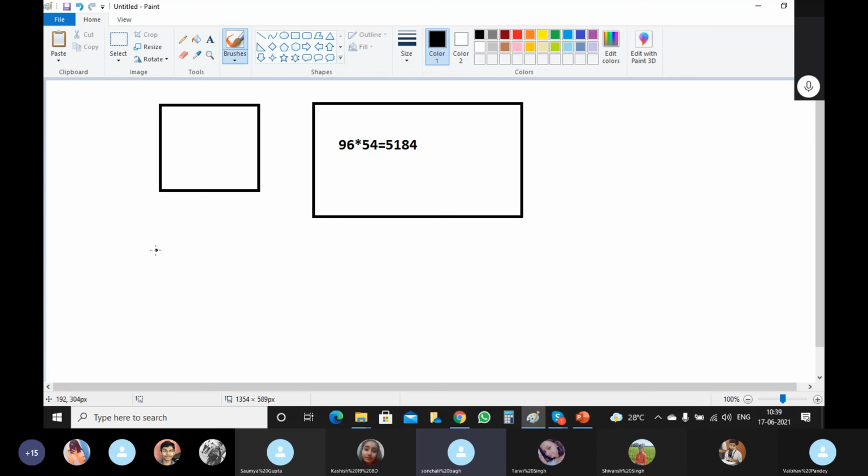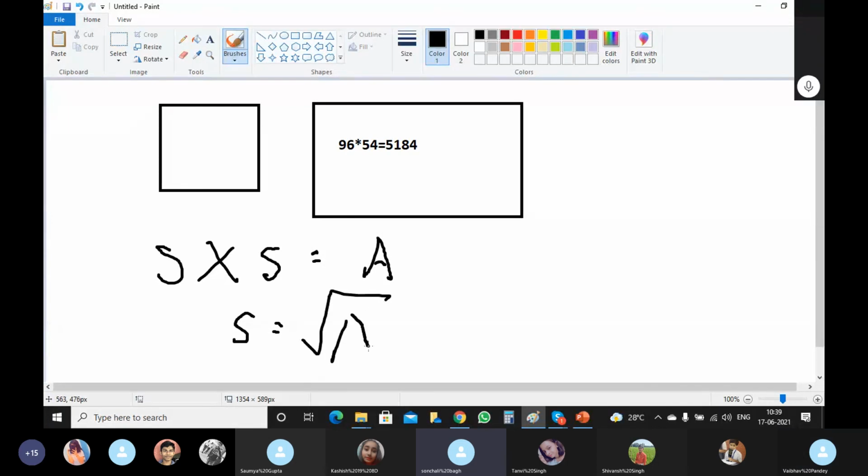If we have to find the side of a square, side multiplied by side is equal to the area of the square. Yes or no? Yes, ma'am. Side will be what? Under root of area? Yes, ma'am. Just now the question said that the area of the square and the area of the rectangle are equal.